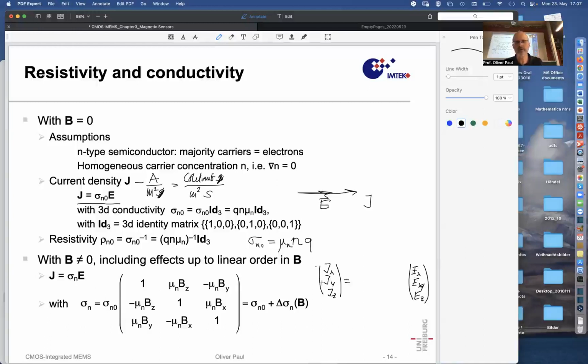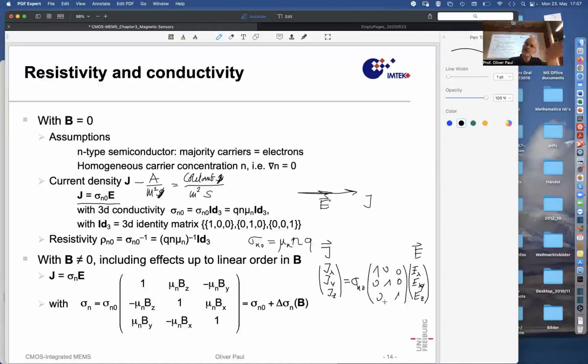And this vector J is proportional to this E, which we can write as sigma n0 times the matrix 1, 1, 1, the identity matrix. And so the result is that if we switch on B, no, B will not change anything. So that's the result without B.